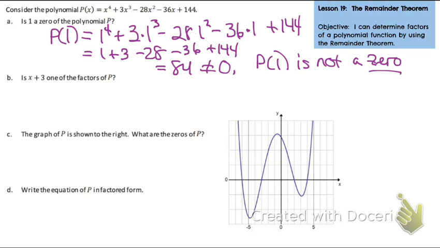Is x plus 3 one of the factors of p? Well, if x plus 3 is a factor, then that would be 0 at negative 3. So let's find p of negative 3. All we do is go back to the original equation and plug in negative 3 wherever we see the x.